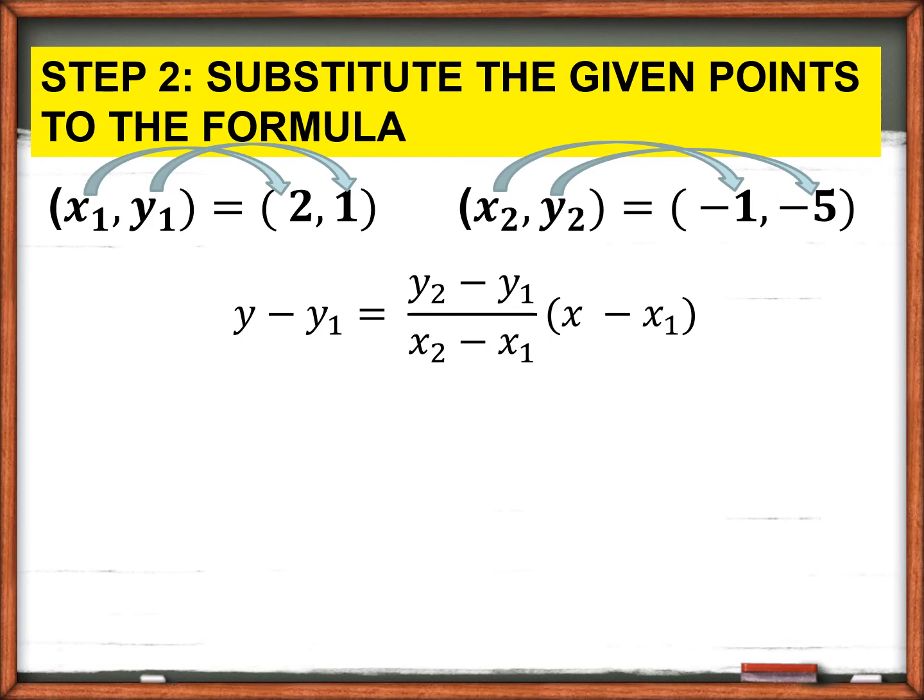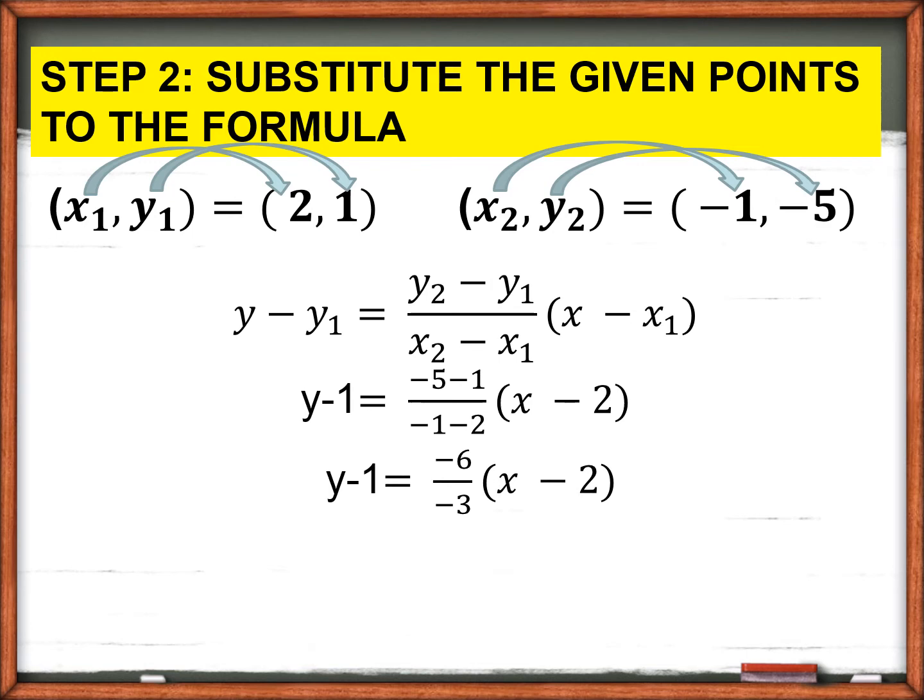Substituting the given points in the formula, we have y minus 1 equals negative 5 minus 1 all over negative 1 minus 2 quantity x minus 2. Simplifying further, we have y minus 1 equals negative 6 over negative 3 quantity x minus 2.